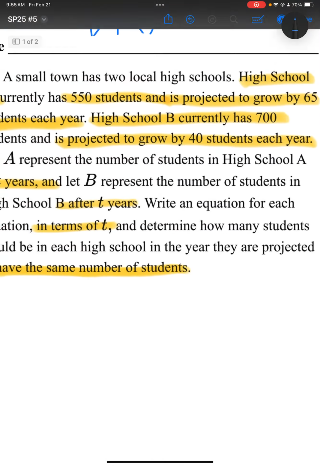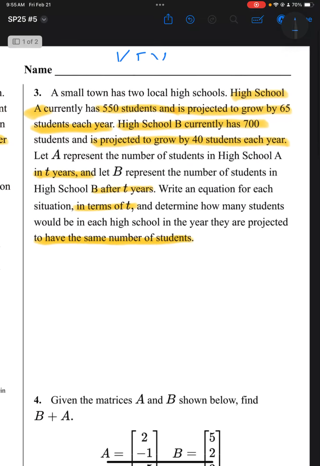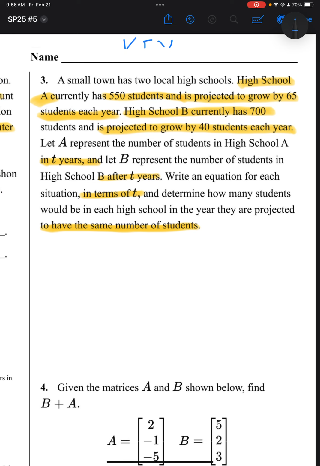Alright, number 3. Number 3 is a little tricky because you're not going to be using typical 2 variables to solve this problem. Basically, we have a high school A and a high school B. And it says later in the problem that you're supposed to do it in terms of T. And that's why I have this of T here, because we're not going to have a Y per se.